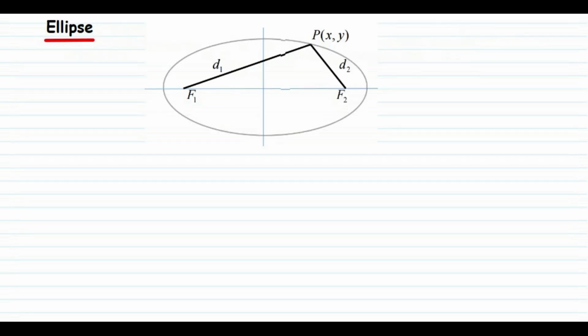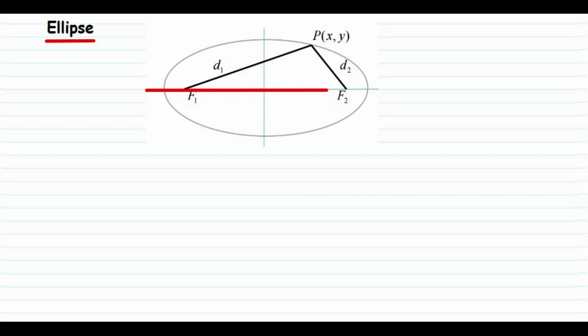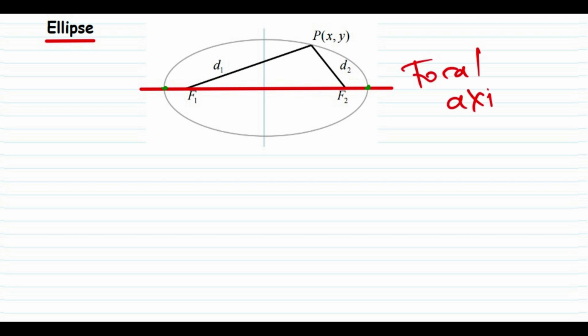Now if I take you back to this diagram, I want you to know that a line that passes through F1 and F2 is called the focal axis. The focal axis cuts the ellipse at 2 points that we call the vertices. So the focal axis passes through the foci and then intersects the ellipse at 2 points.